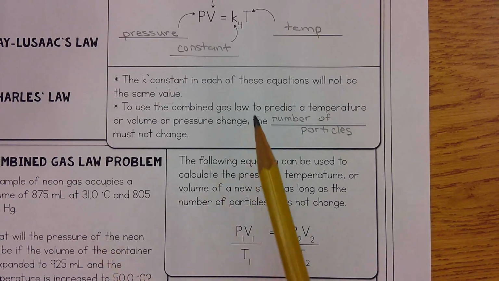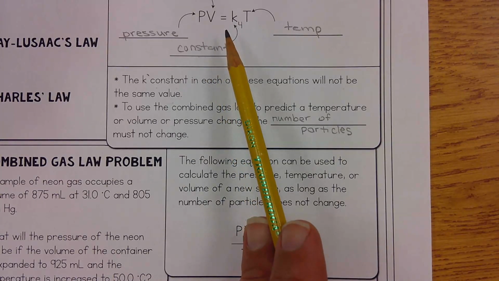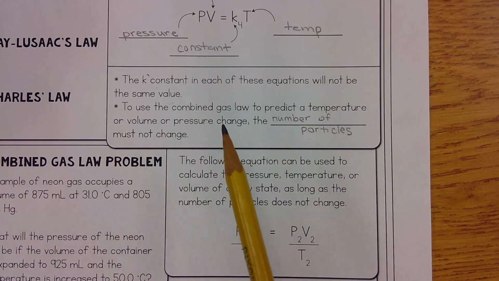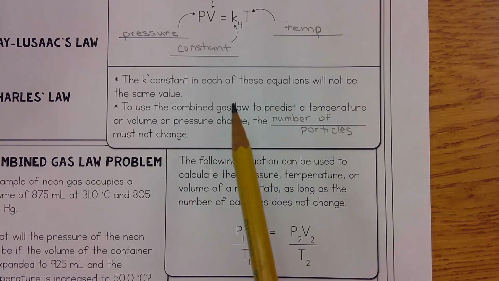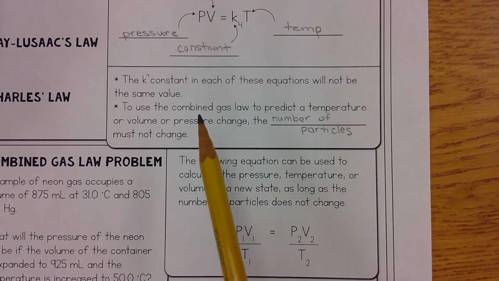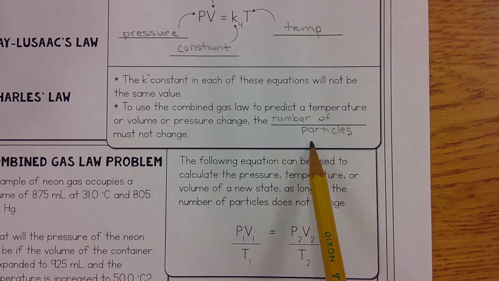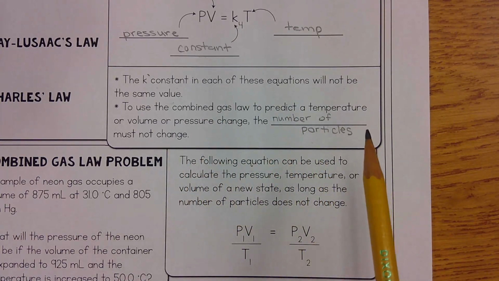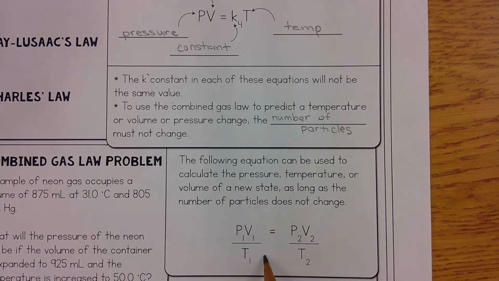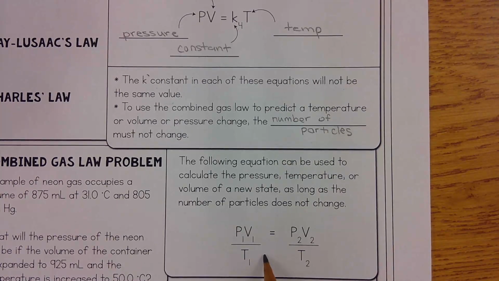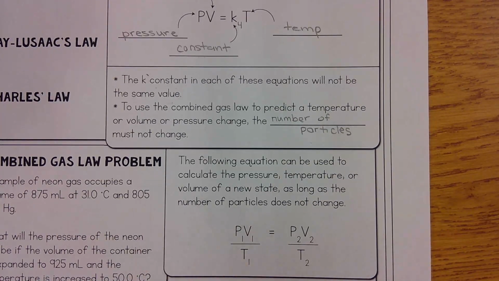So when we take this equation and use it to compare one gas, because remember the number of particles can't change, at two different conditions, we can use this version of the equation.